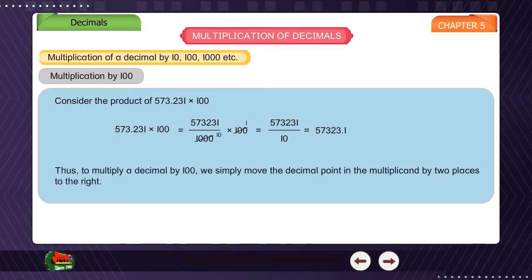Thus, to multiply a decimal by 100, we simply move the decimal point in the multiplicand by two places to the right.